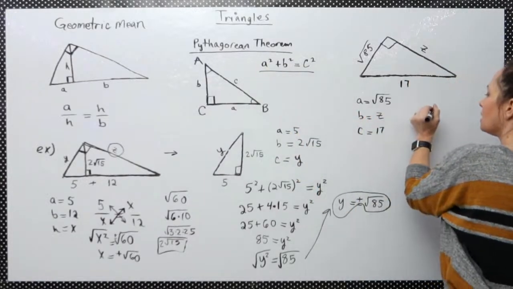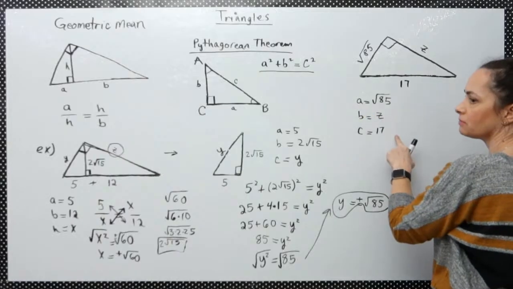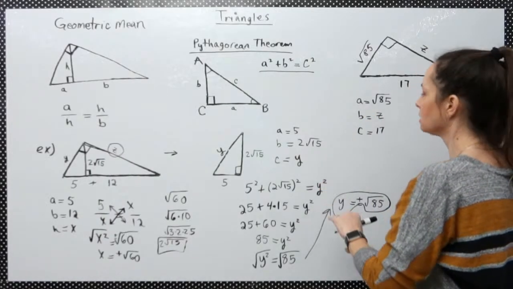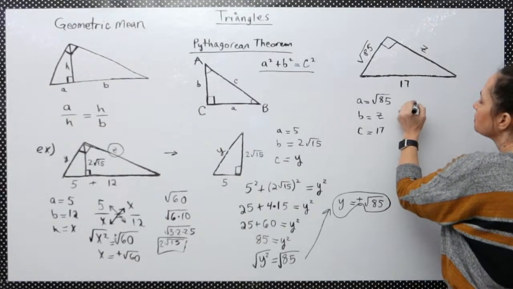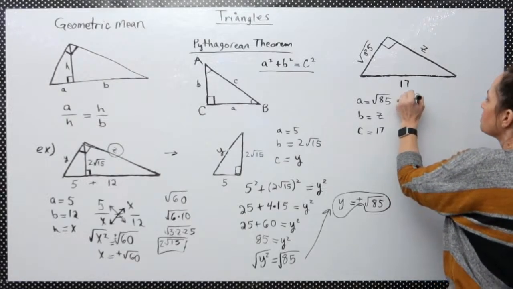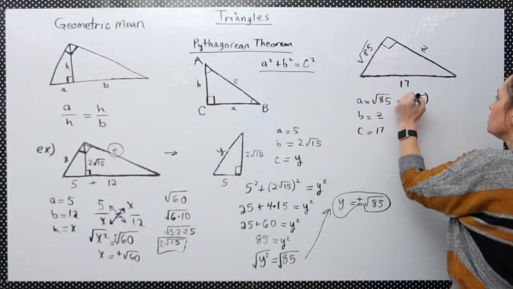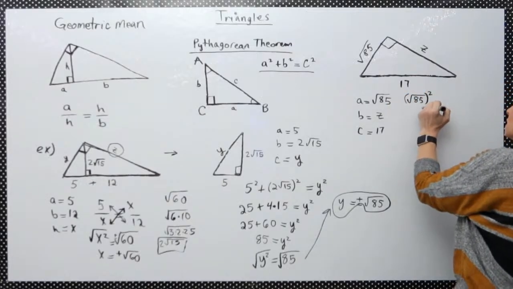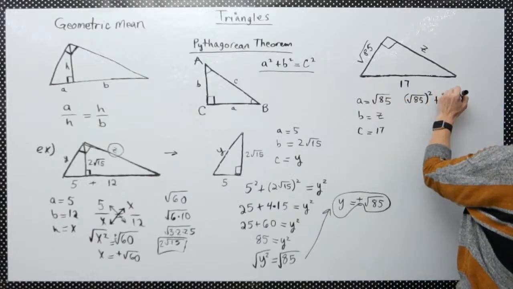I like lists when I'm using formulas because it makes it really clean. It's just plug in and simplify. So little side note there. So A would be A squared, the square root of 85, quantity squared. In this case, B is Z, so it's plus Z squared.